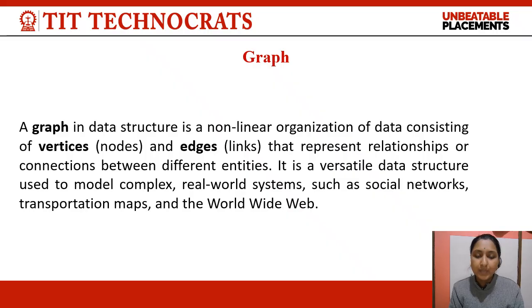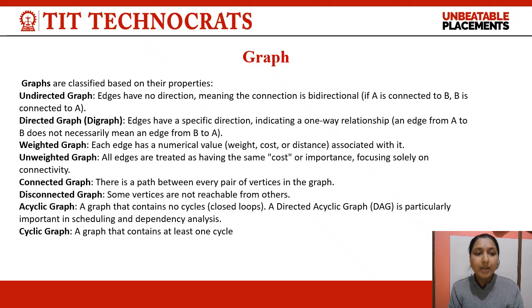Vertices mean nodes and edges mean links that represent relationships or connections between different entities, right? It is a versatile data structure used to model complex real-world systems such as social networks, transportation maps, and also the World Wide Web.